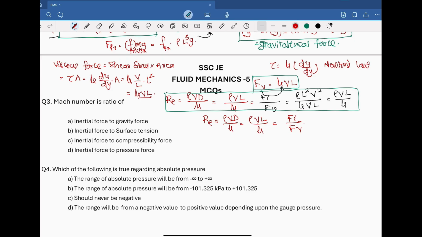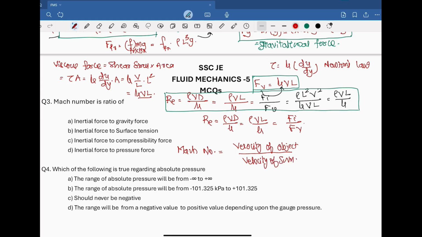Now, let us go for Mach number. What is Mach number? Mach number is nothing but the ratio of the velocity of the object divided by the velocity of sound. Mach number is equal to velocity of object by velocity of sound.